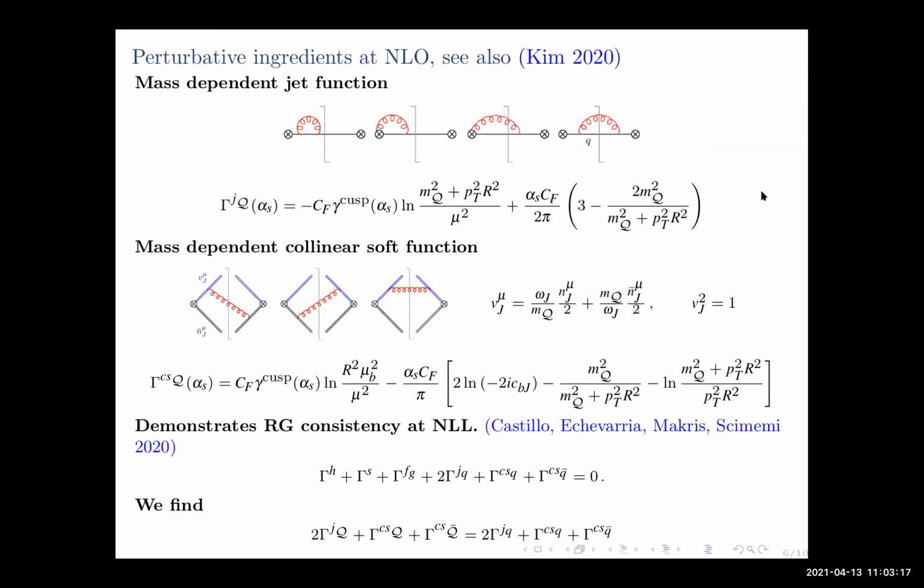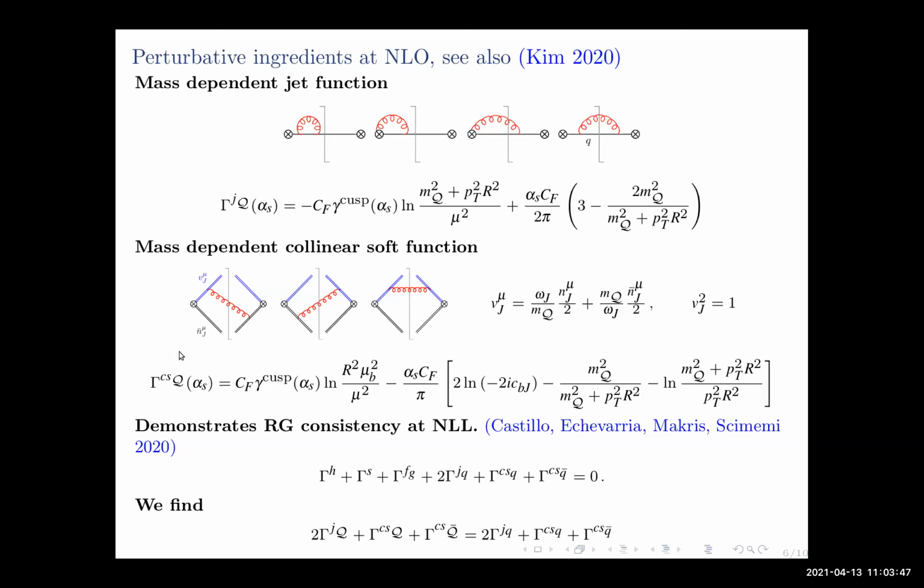Performing the calculation for these ingredients at next to leading order, we derived the anomalous dimensions for this mass-dependent jet function at next to leading log, and then similarly the mass-dependent collinear soft function. Here I've provided a plot of the graphs at next to leading order. After performing this calculation explicitly, we can obtain the collinear soft anomalous dimension at next to leading log.